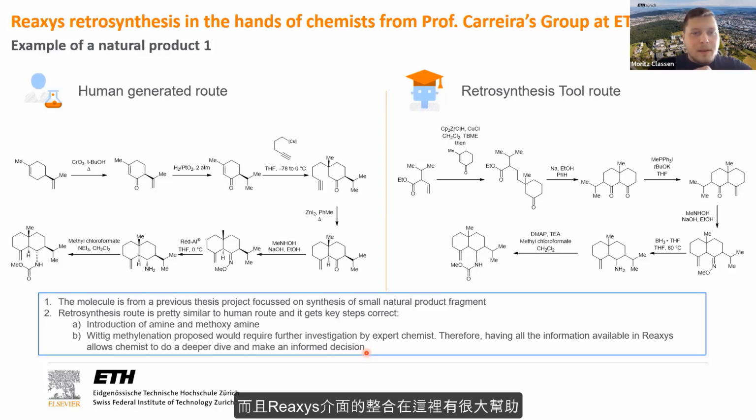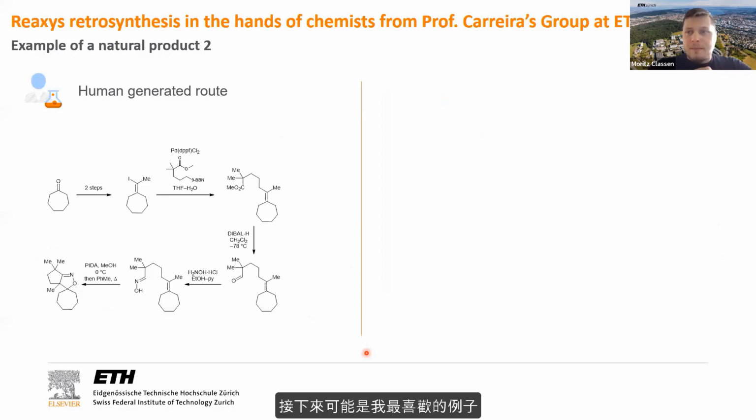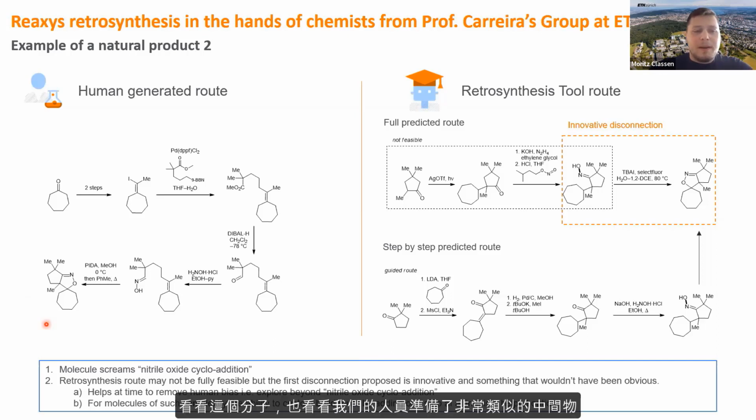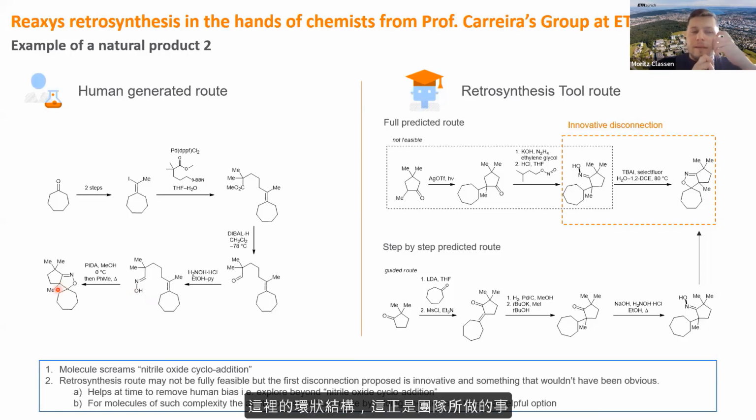Which brings us to probably my favorite example, because this is an example I really like to talk about a lot, because this molecule was chosen quite deliberately by our group. It is sort of a derivative of an intermediate that we have used in a previous synthesis, and we kind of put this in here on purpose, because looking at this molecule and also looking how our group prepared a very similar intermediate, this molecule really to us was a prime example of a nitrile oxide cycloaddition reaction in order to quickly construct the ring system here.